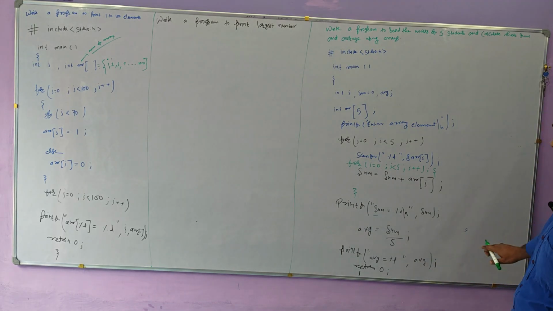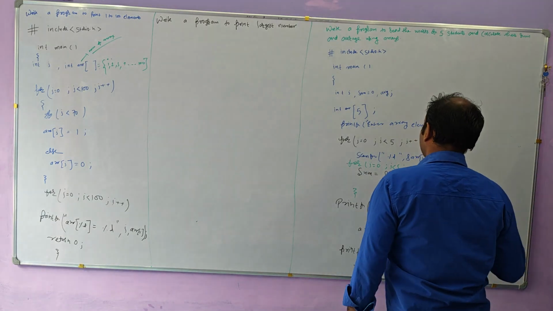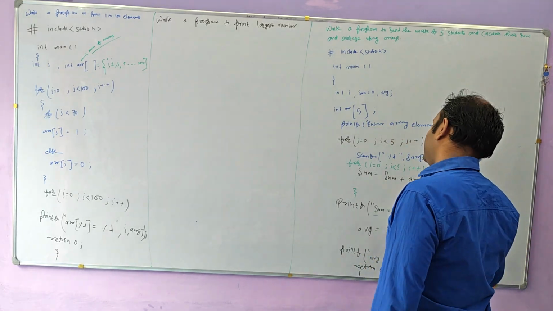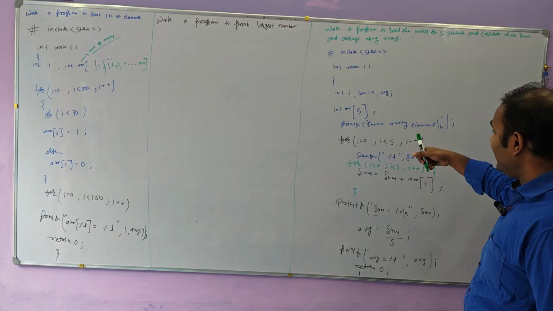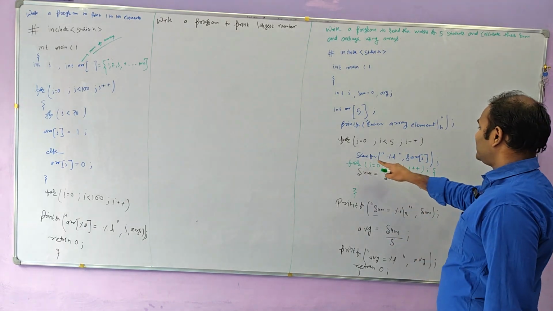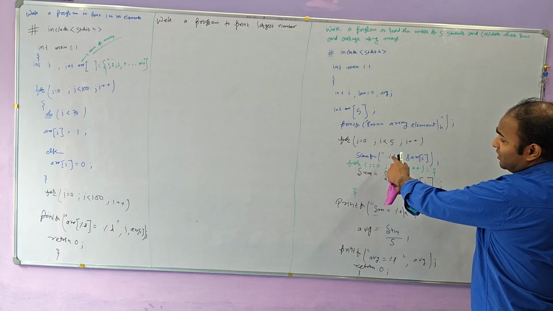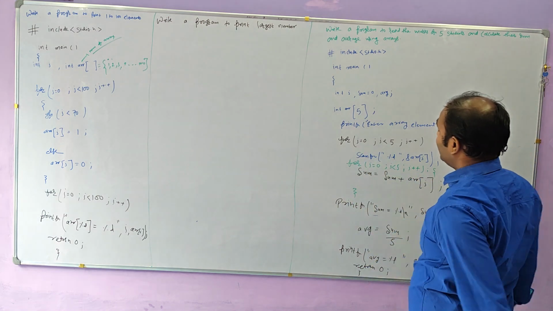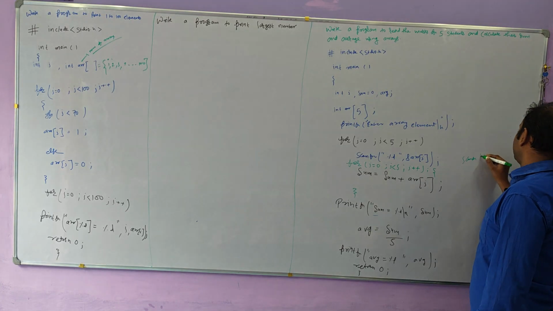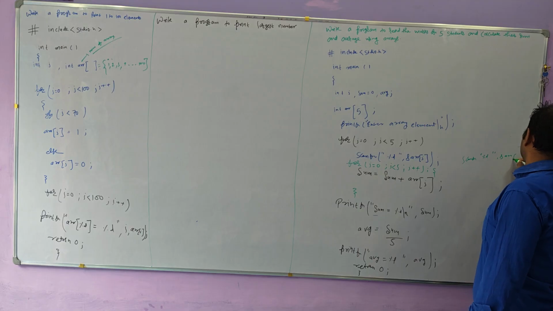solve the question. Here we need a loop while we are discussing arrays, because an array is not capable of taking all the elements in a single scanf. We can't take 5 inputs from a single scanf, like scanf %d and address of AR.